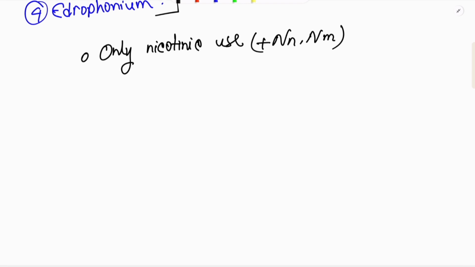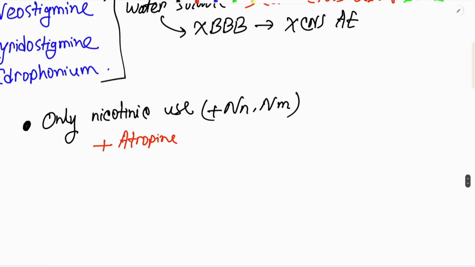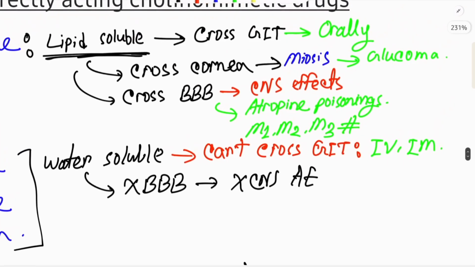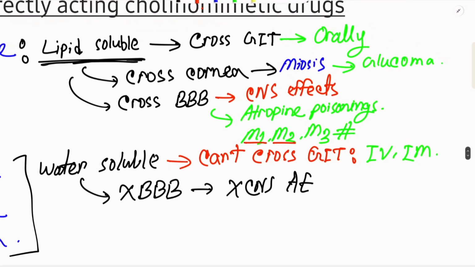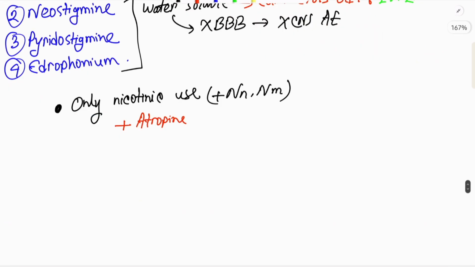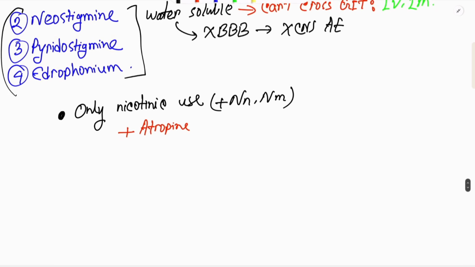So how can we use it as only a nicotinic receptor stimulator? We can add atropine with it. We have previously discussed that atropine blocks M1, M2 and M3 receptors. So when the M receptors are blocked by atropine, these three drugs will only work on nicotinic receptors.